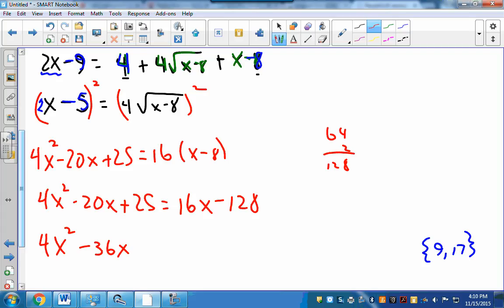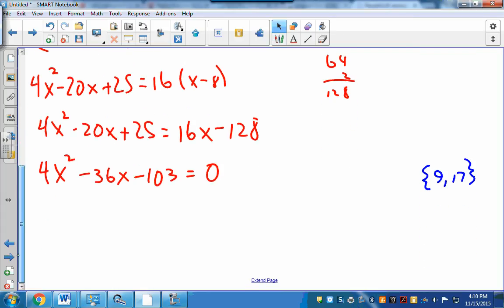So let's see, I have 25, and I'm adding 128 to 25, so that's negative 103 equals 0. Okay. Now, how are we going to factor that?